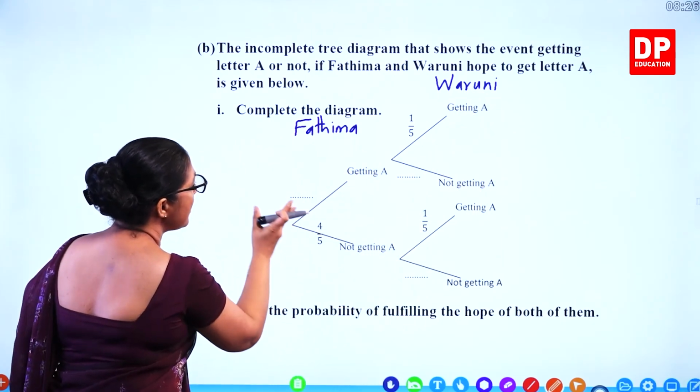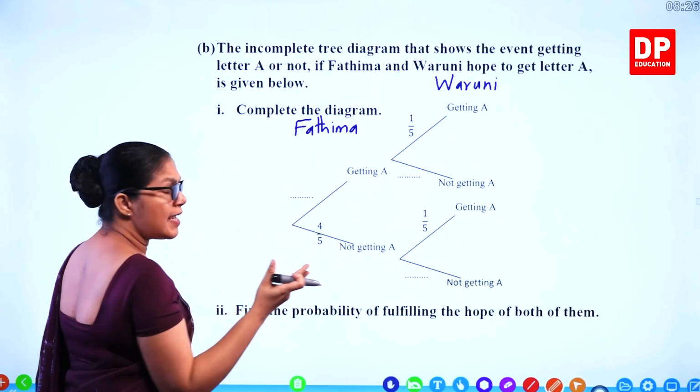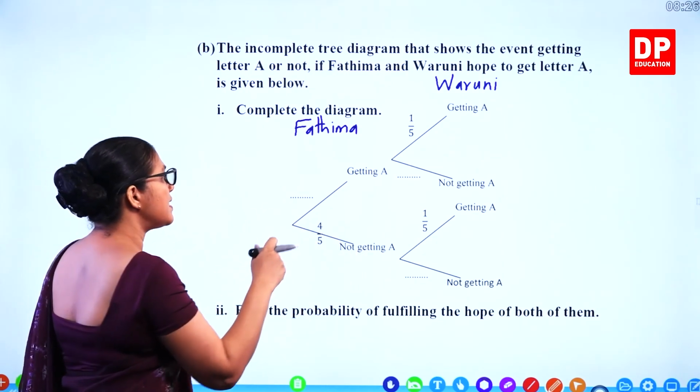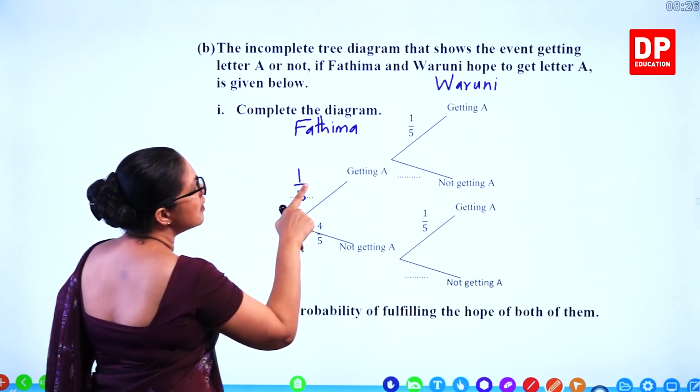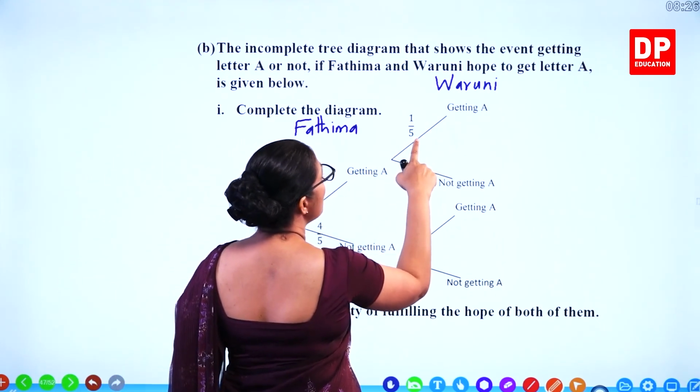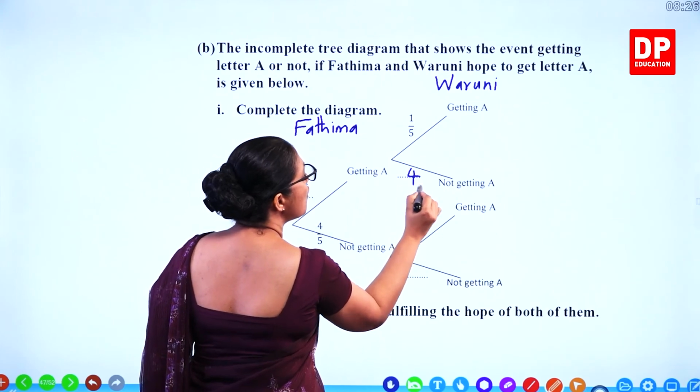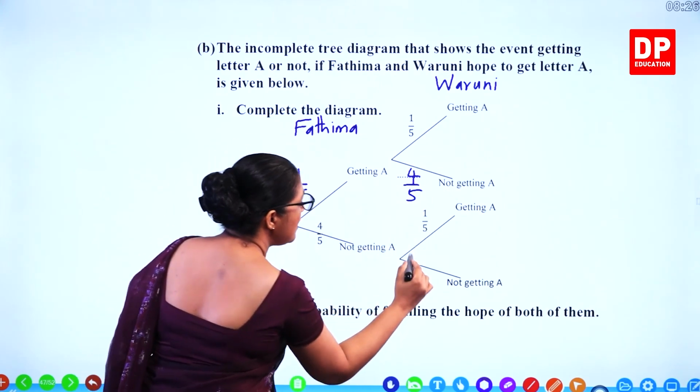So Fatima not getting A is 4 over 5. So what is getting A? The remaining part, 1 over 5. This is Varuni. Getting A is 1 over 5. Not getting A is 4 over 5. So you can easily fill this tree diagram with probabilities.